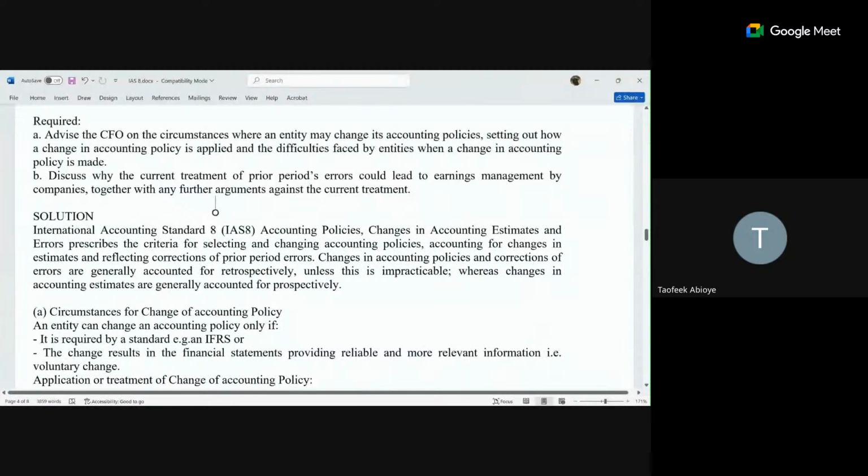International accounting standard. If you want to answer a question, you need to make it more presentable. The ICAN marking scheme is not that generous. So if you see a question and there are 5 or 10 marks attached to it, even for 5 marks, you should be able to write a reasonable solution. This is financial reporting, so your answer will also be in the form of writing a report.